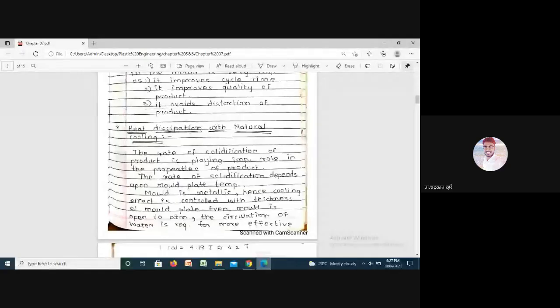Hope my screen is visible. Okay, so this is our point: heat dissipation with natural cooling.